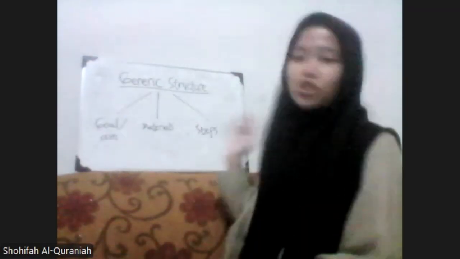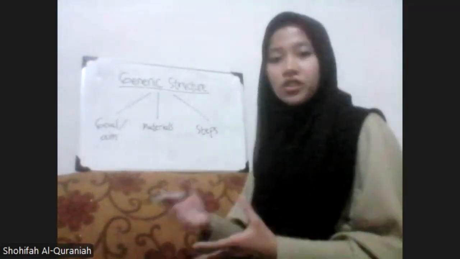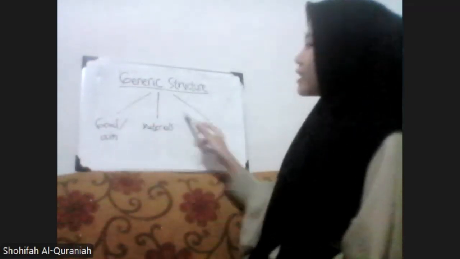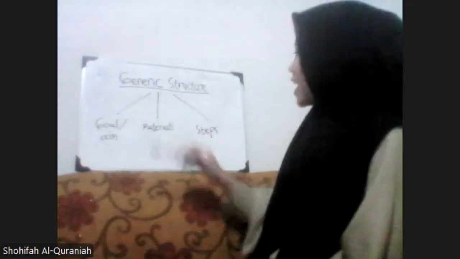Okay, generic structure of procedure text. So the generic structure of procedure text has 3 parts. The first is the goal or aim, the second is the materials, and the last is the steps.